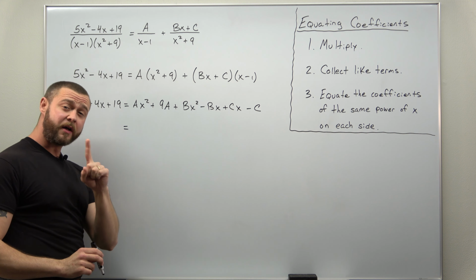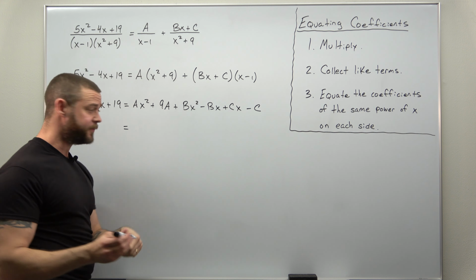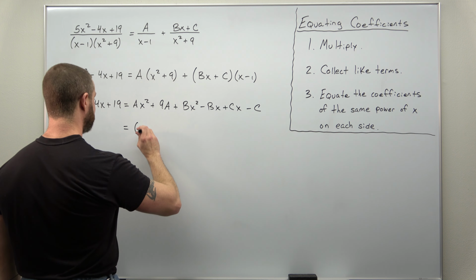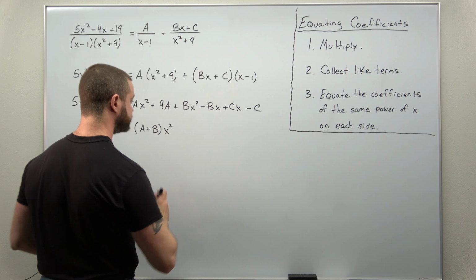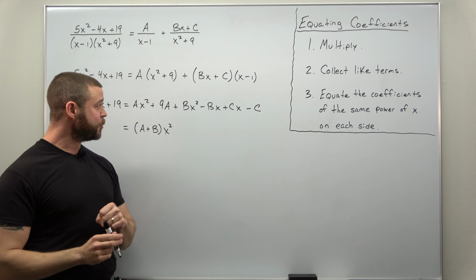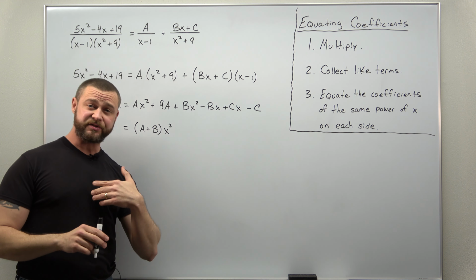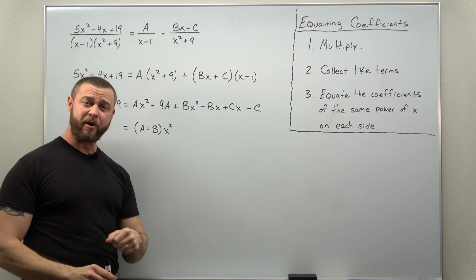We're going to factor out x squared from them and basically have their coefficients in front of x squared. So we're going to write that as A plus B x squared. Nice little technique I like to do in class, especially when the right-hand side is a lot more complicated, I like to just cross the terms off that I've already used.